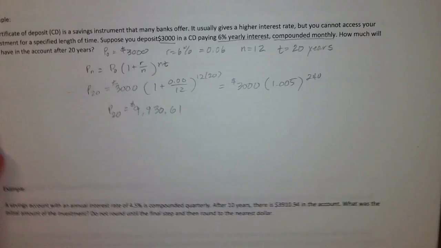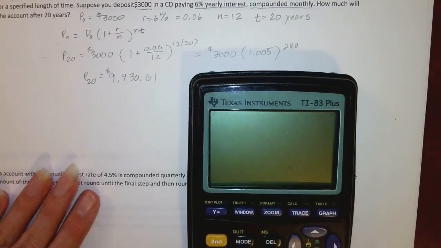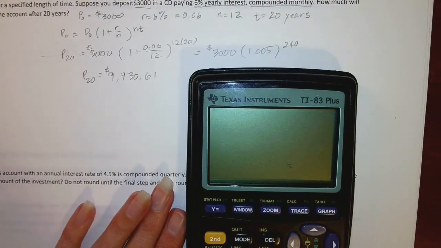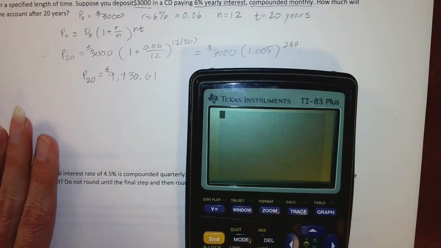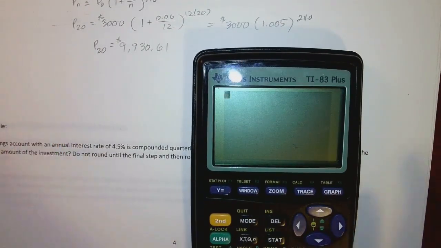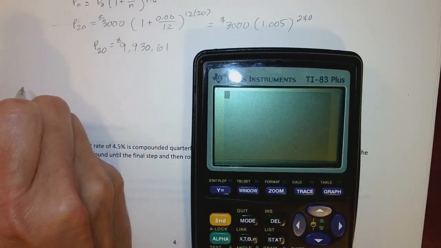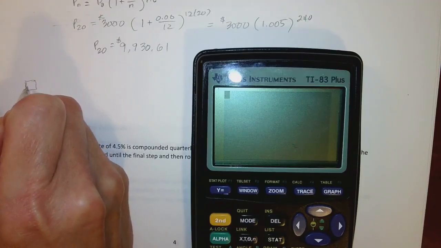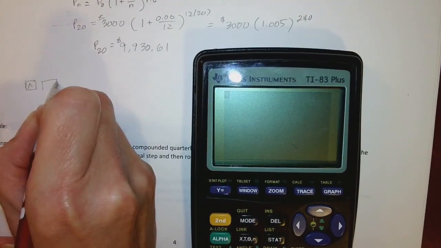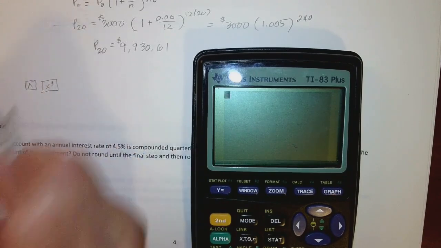If you're like, Amy, how do I put that in my calculator? Let's look at it. I have a TI-83 Plus. Bought it at a pawn shop for 20 bucks. You will either have a button to raise something to a power. It's going to look like mine where there's a caret, or there'll be an X to the Y button.